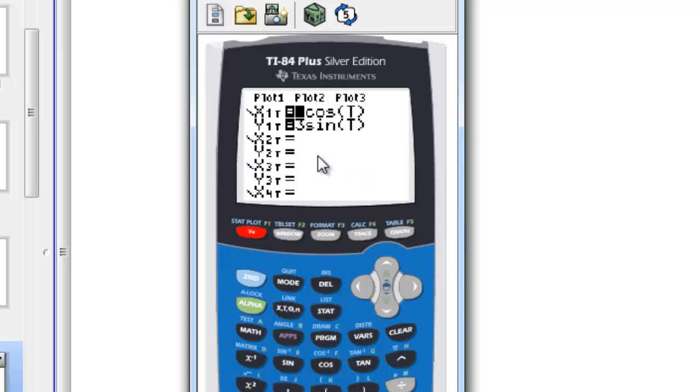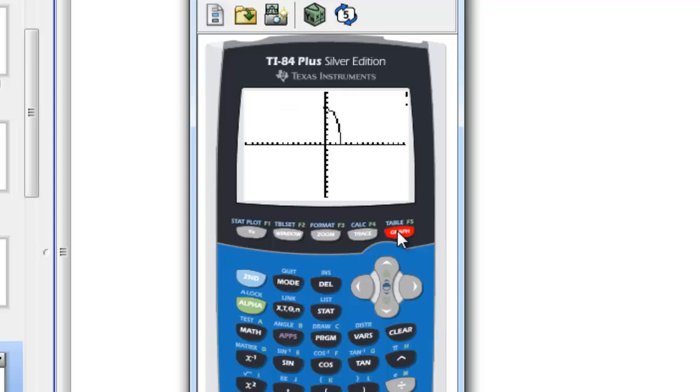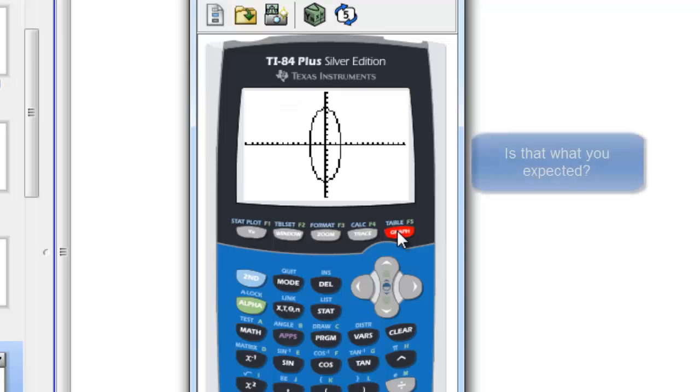Let's play some more. Let's change only one of the coefficients. I'm going to change the 3 sine t to 7 sine t. What do you think is going to happen? Now I have an ellipse whose horizontal semi-axis is 3 and whose vertical semi-axis is 7.